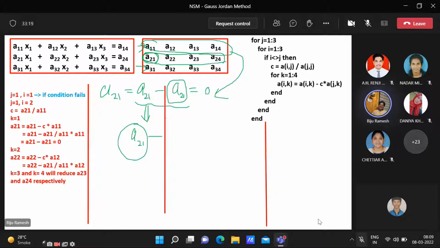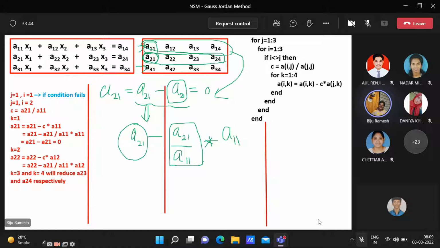Now how do I use the first row? First I need a scalar. The scalar is A21 divided by A11. This scalar we multiply by the first coefficient A11.